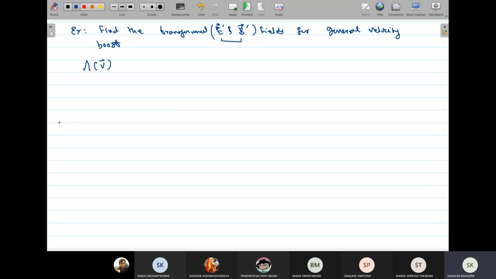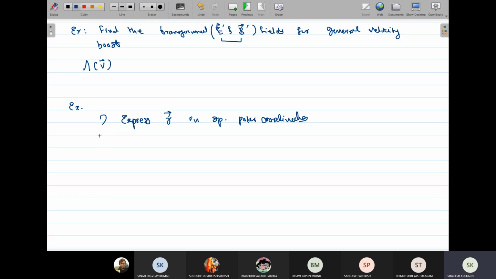Another exercise you can do: first, express vector r in spherical polar coordinates. Consider the vector in spherical polar coordinates.